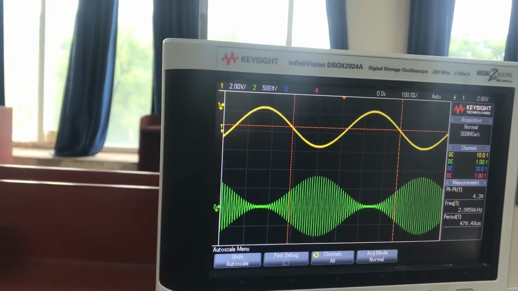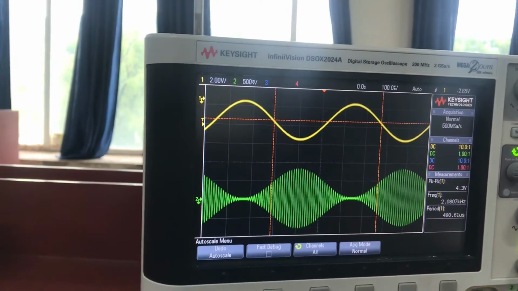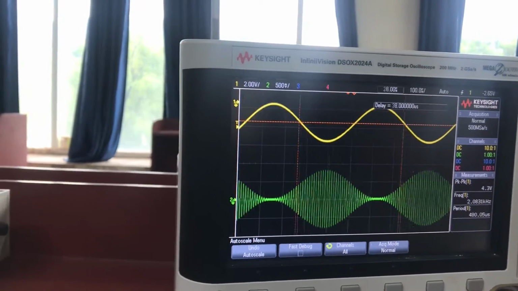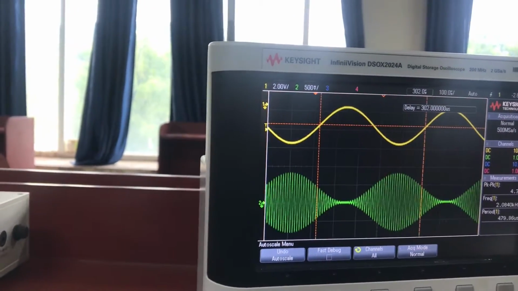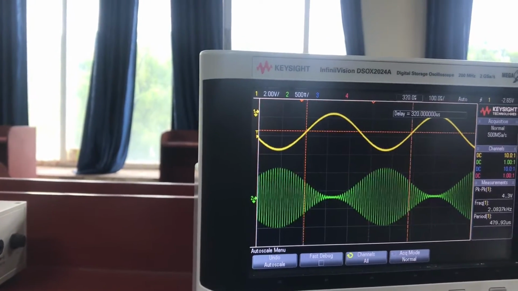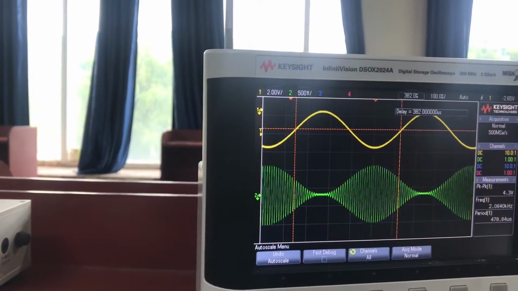You see, this is your critical modulation. Now you derive the values. You just adjust in this way and find out the value.